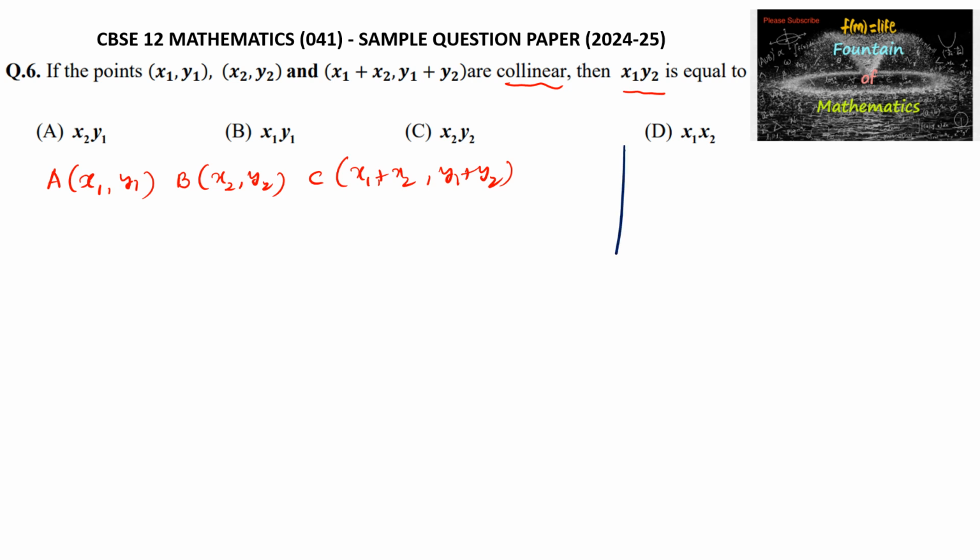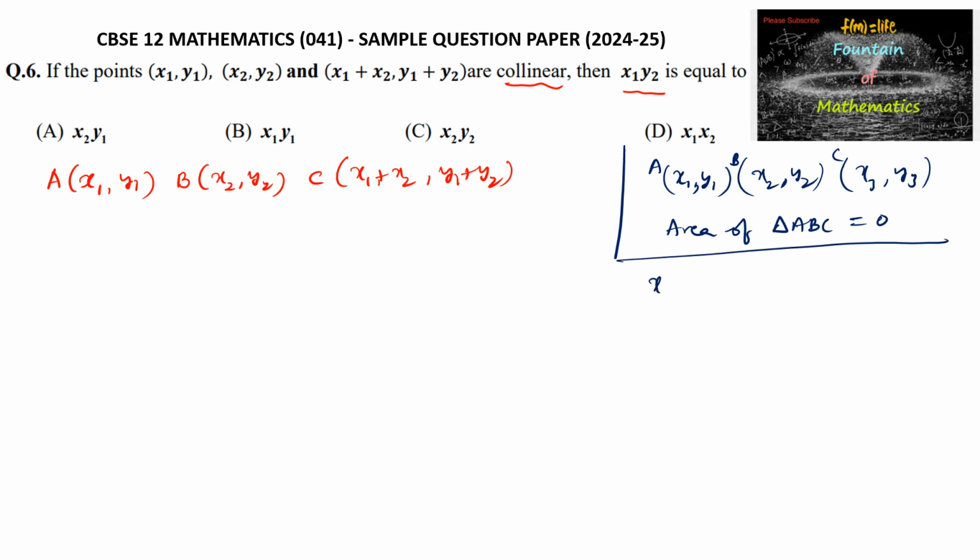And we know that if the 3 points (x1, y1), (x2, y2) and (x3, y3) are collinear, then the area of the triangle formed by these 3 points will be equal to 0. Area of triangle formed by these 3 points ABC equals 0, or we can use the condition.